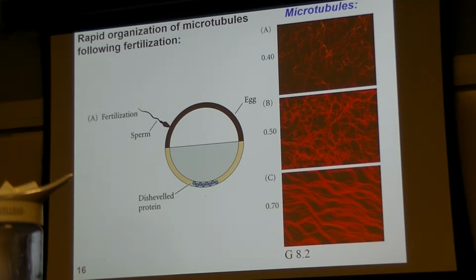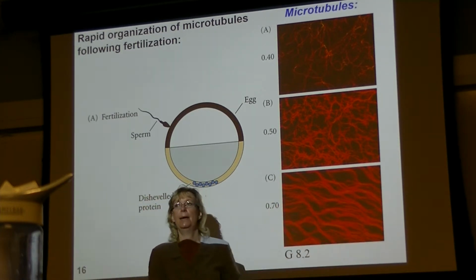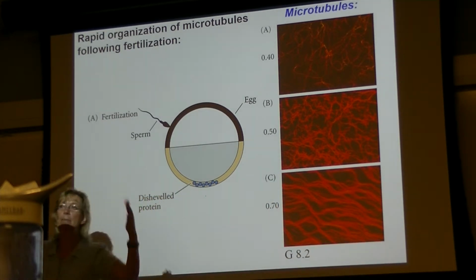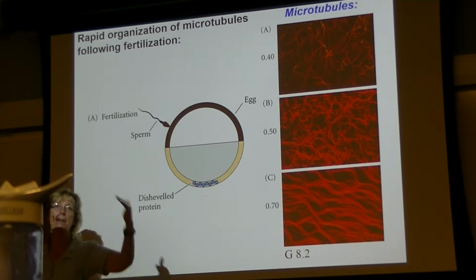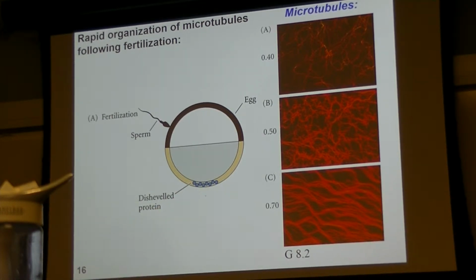They're all overlapping with different directions. But then very rapidly, they're suddenly going to align in a parallel fashion, that is parallel to the outside of the egg, or parallel within this cortex. And it's thought that factors such as dishevelled are going to be carried along these microtubule arrays by microtubule motors.